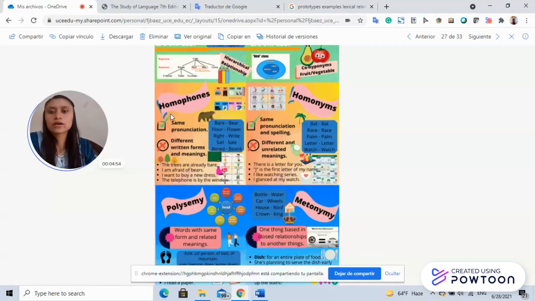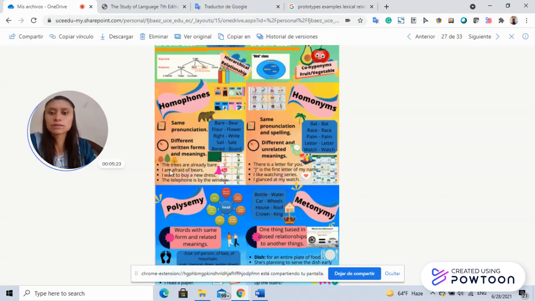Okay, the other one are homophones, in which they have the same pronunciation but different written forms and meanings. For example, flower and flour, right and write, sail and sale, bored and board. In this case, bored is the feeling of being bored, and board is the thing that teachers use to teach.